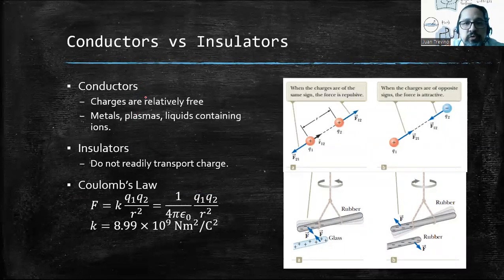Conductors are those for which charges are relatively free to travel along the material. In the case of metals, they will be traveling mostly on the surface, not all the time, but most of the time. In plasmas, which are ionized gases, a gas where the molecules have either lost or gained electrons.